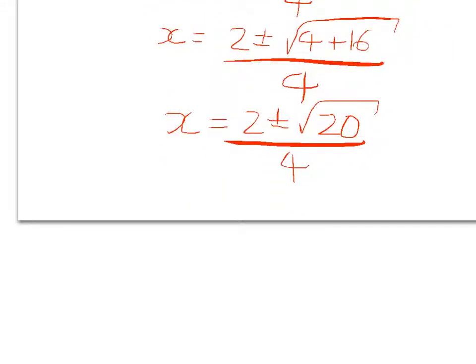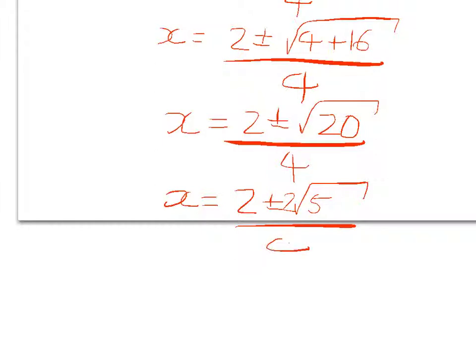Unfortunately, you can't use a calculator in a core 1 exam, but 20 happens to be 4 times 5. Now, square root of 4 is 2, so we can rewrite this now as x equals 2 plus or minus 2 root 5 all over 4.